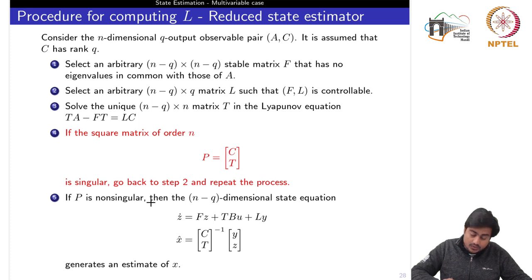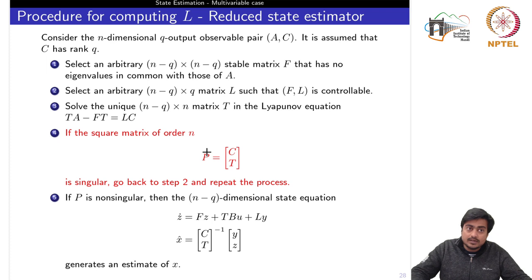Now if P becomes non-singular by carefully selecting this L matrix or F matrix, then this n minus q dimensional state equation is given by this one, where the first equation remains the same, and x hat generates an estimate of the actual state, where this is our P matrix. So again, the problem here we see in the algorithm is that P could easily be a singular matrix.